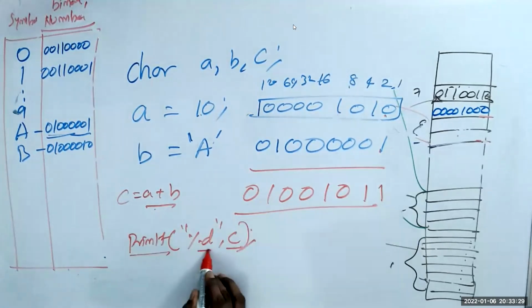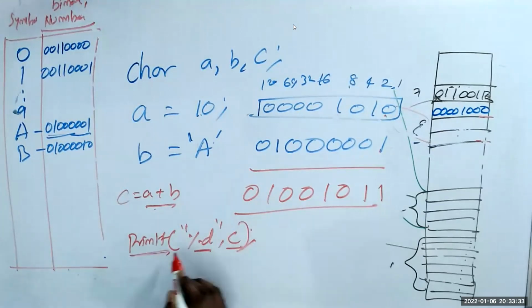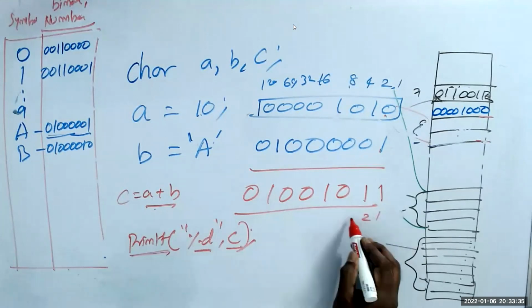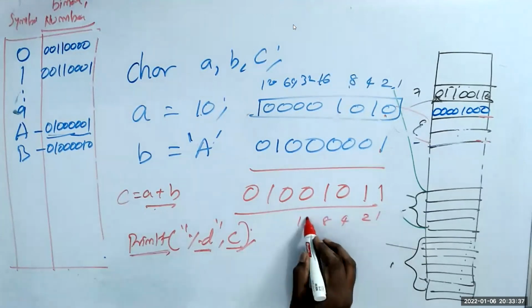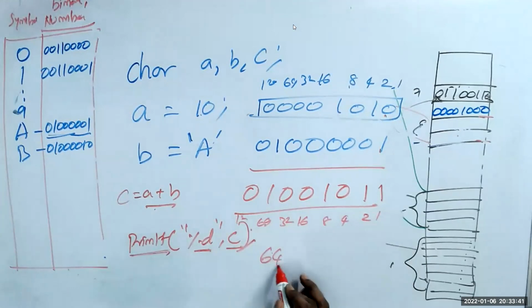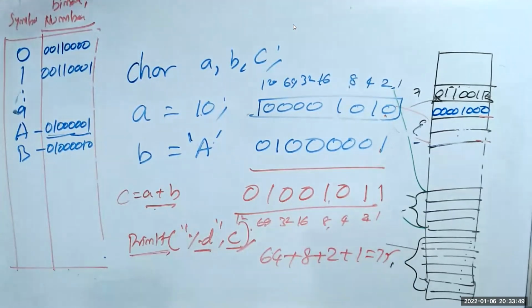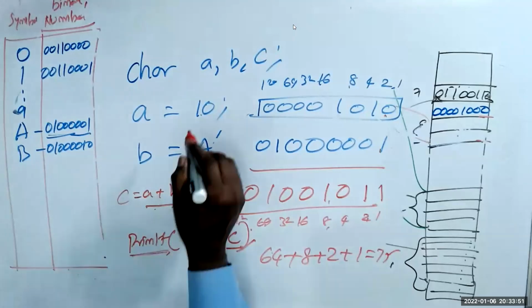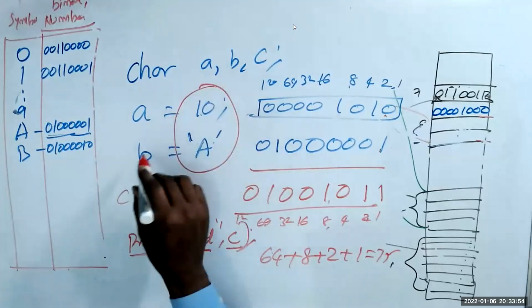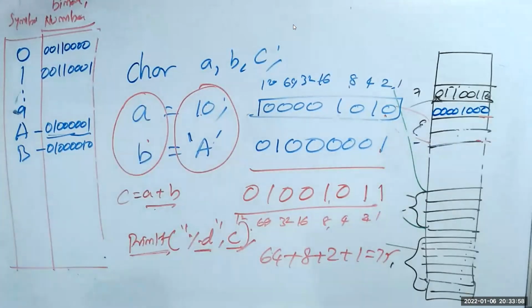You put percentage d, meaning decimal, so the printf will convert it. This is 1, 2, 4, 8, 16, 32, 64, 128. 64 plus 8 is 72, plus 2 plus 1 equals 75. That's why you got 75. So please understand, whatever may be your right hand side, when it goes to the left hand side, all are only binary.